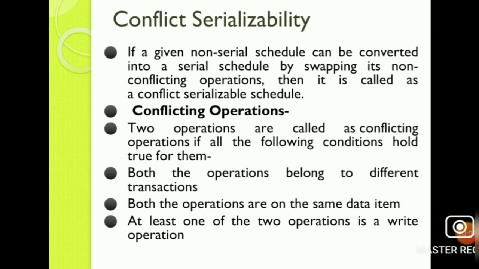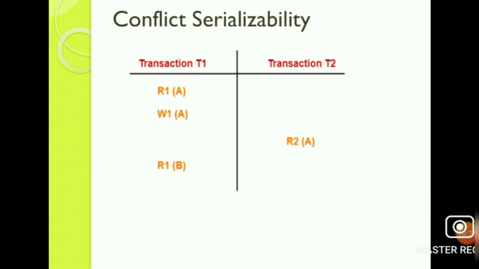First, both operations belong to different transactions. Second, both operations are on the same data item, and at least one of the operations is a write. That means operations that belong to two different transactions operating on the same data, out of which one is a write, are called conflicting operations.